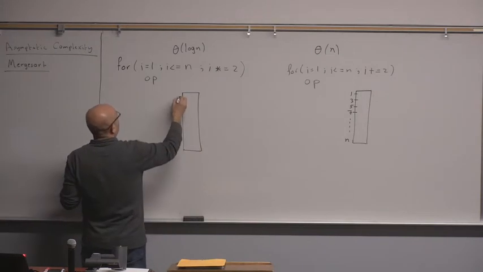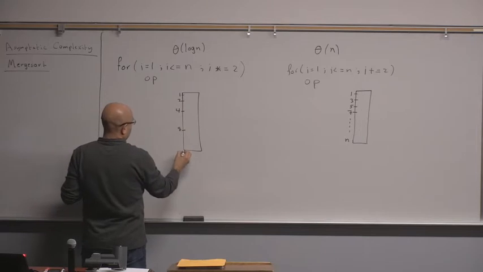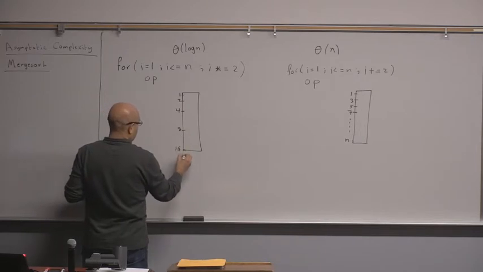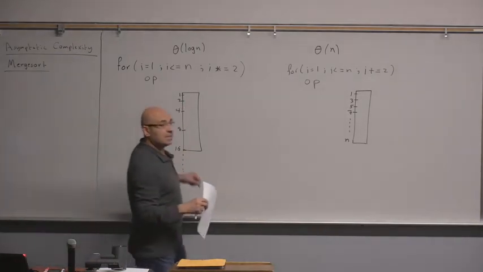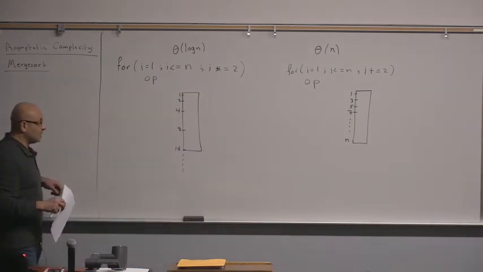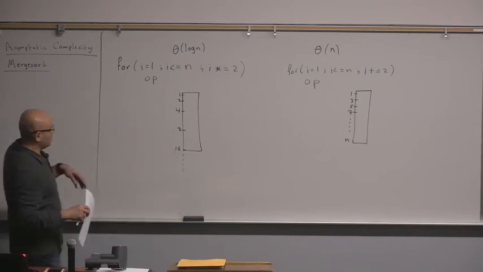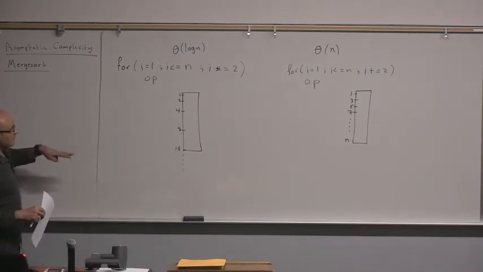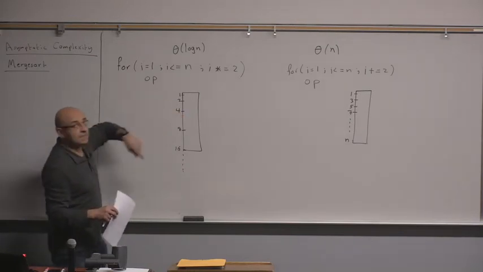we have this. First we do 1, then 2, then 4, then 8, then 16, and so forth. So now the step here is not a constant step. The step is getting bigger and bigger. In fact, here our step is growing exponentially, which means that the number of steps is going to be logarithmic.